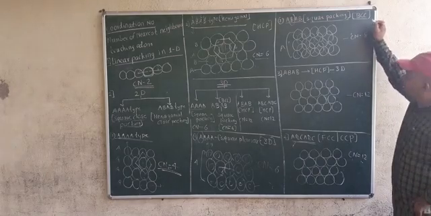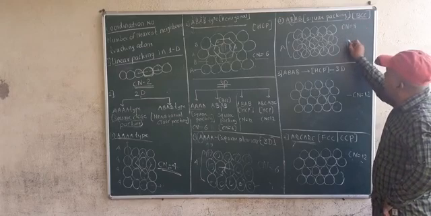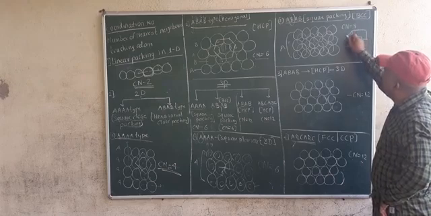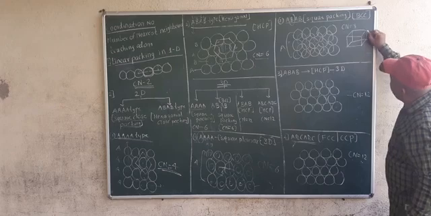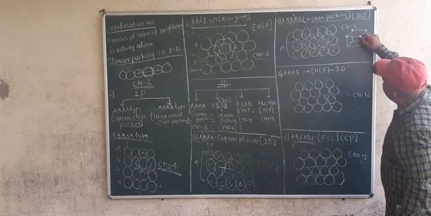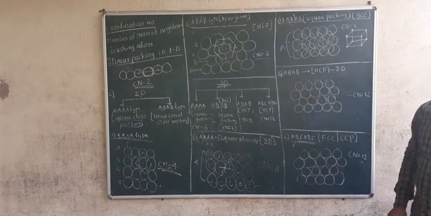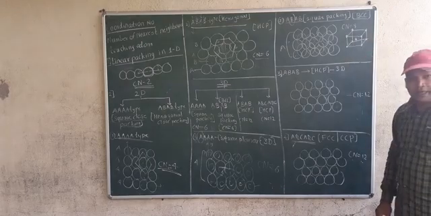Why is it called BCC? And the coordination number is 8. In BCC, eight constituent particles are at the 8 corners and one in the center.